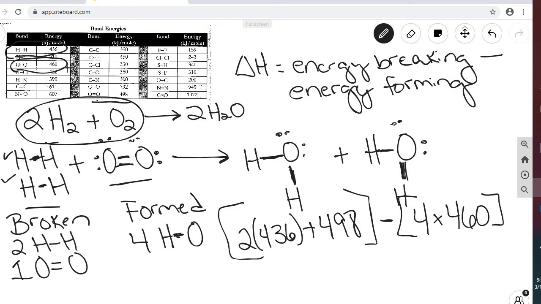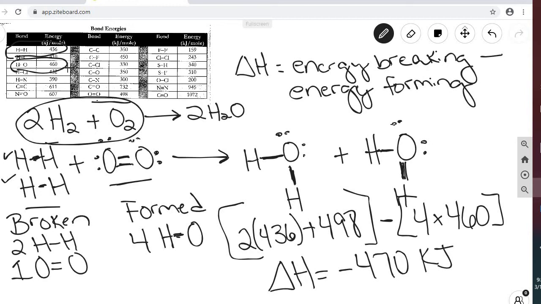Okay, so if we do the math related to that, what we will end up with is that delta H is equal to negative 470 kilojoules. That tells us that more energy was released in forming the new bonds on the product side than was required to break the bonds on the reactant side.